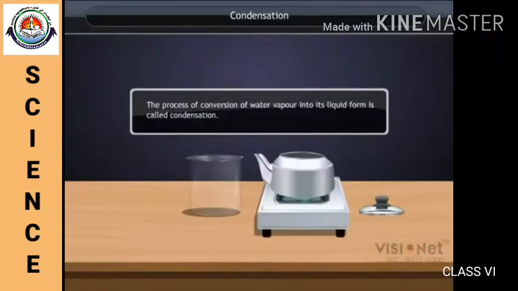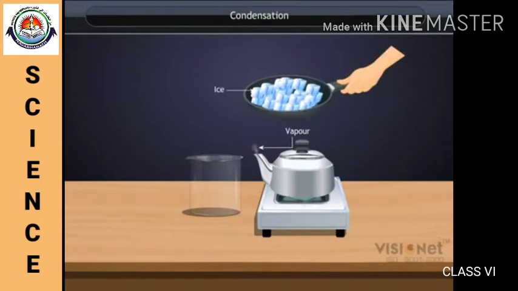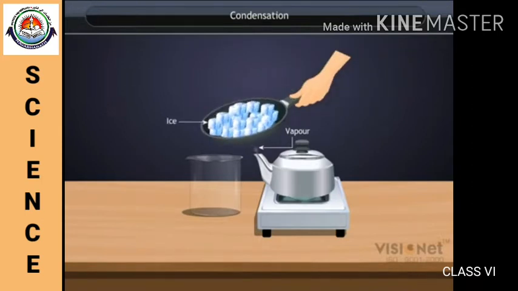In order to conduct the activity based on condensation to separate water from salt solution, first dissolve 20 gram of common salt in water to obtain salt solution. Pour the solution into a kettle and close it with a lid. Heat the kettle for some time till vapor comes out, and take a frying pan with ice cubes and hold it in a slanting position just above the spout of the kettle.